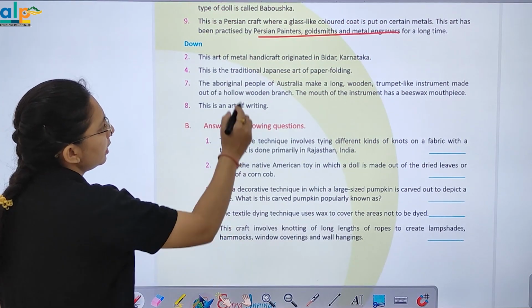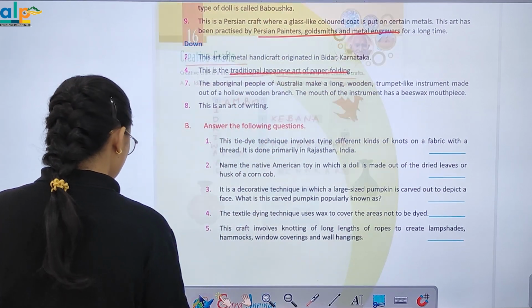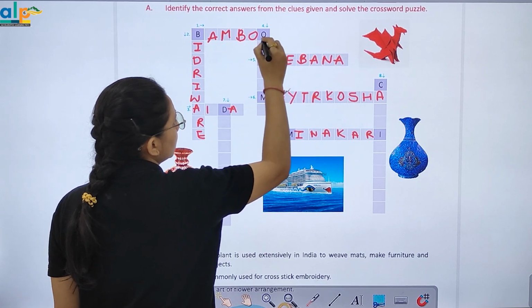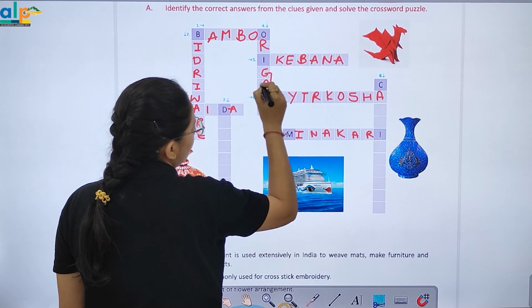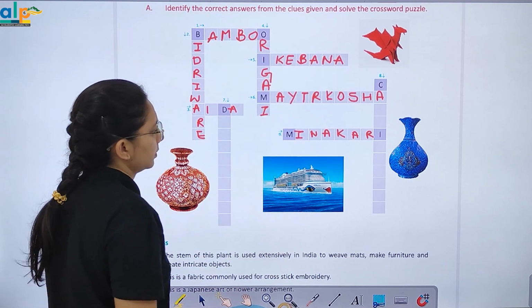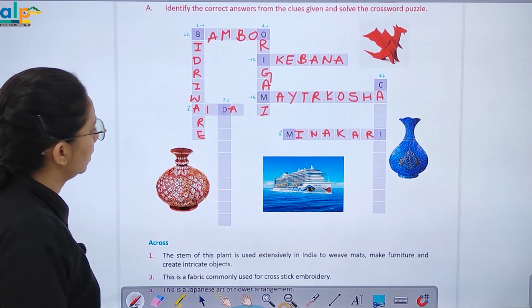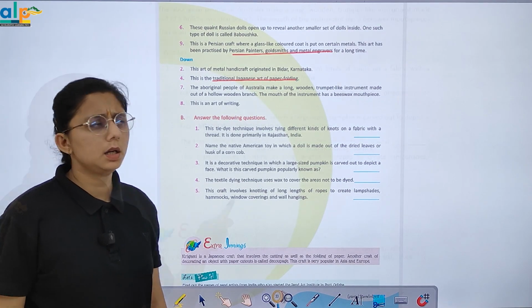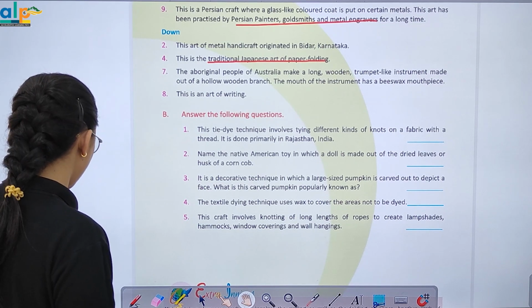Next is, this is the traditional Japanese art of paper folding. Paper folding art है ये. Origami. Next is, Aboriginal people of Australia make a wooden trumpet-like instrument made out of a hollow wooden branch.